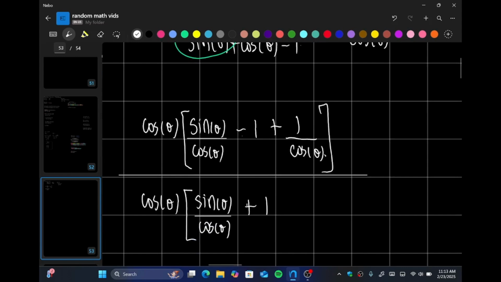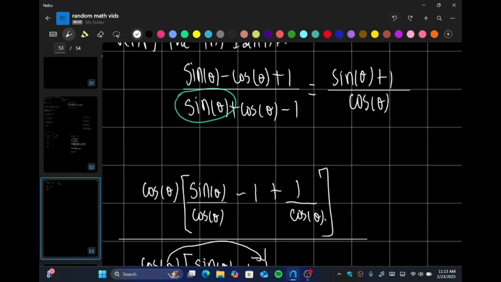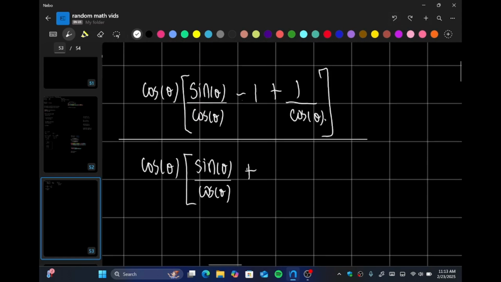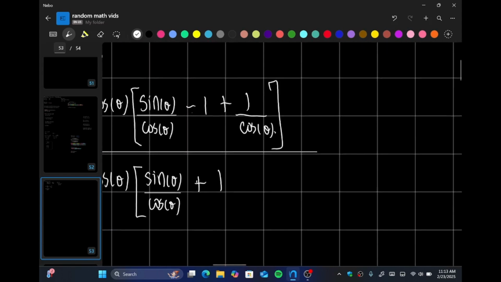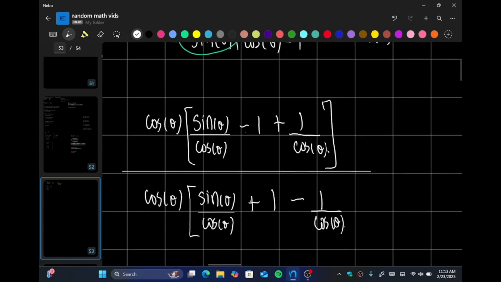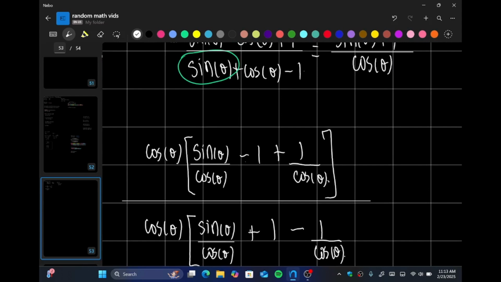So plus 1, because to get from here to here, we get cosine theta, right? So then we have plus 1, and then minus 1 over cosine theta. Right?